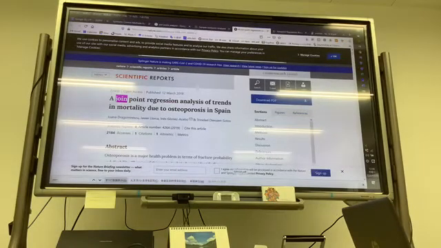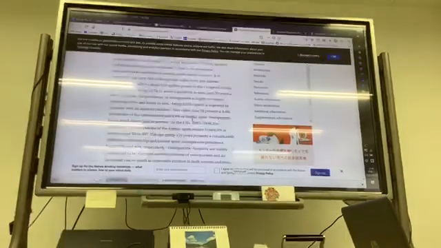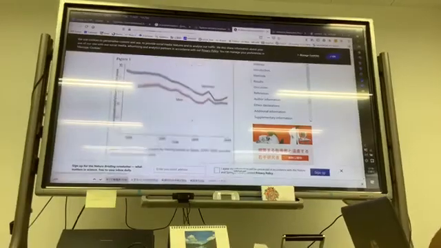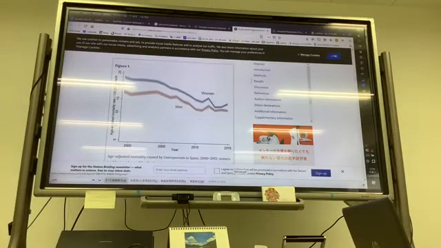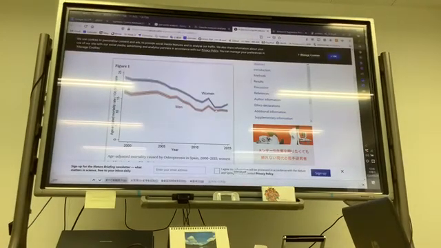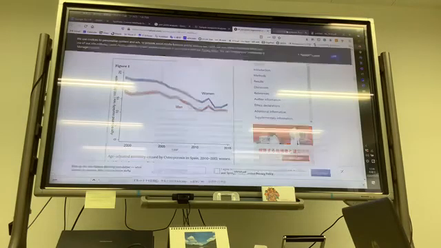This paper uses joint point regression to check the change of the trend, and this paper checks the change of this kind of trend. I have never used it, but some people use it. I heard about it at an epidemiology conference. The software is released from here, so it is easy to check the change point with joint point regression.